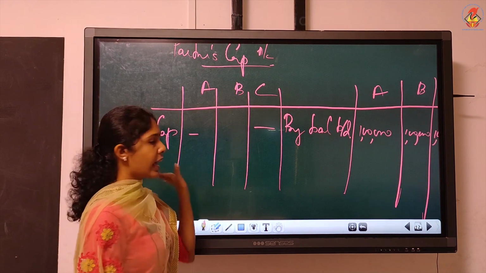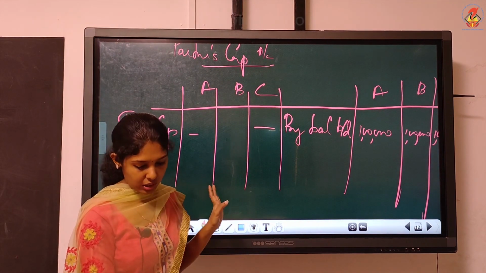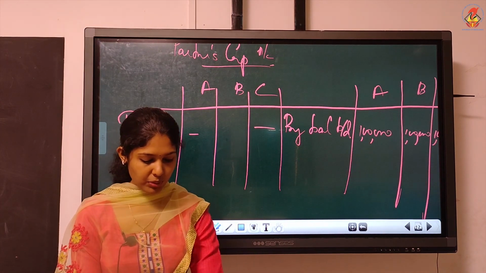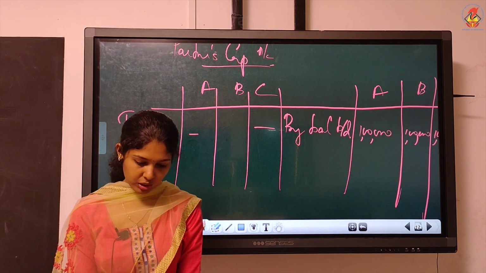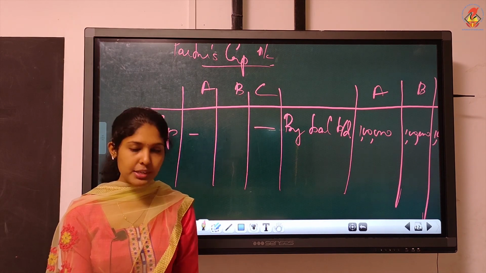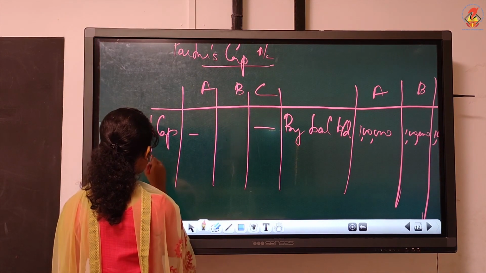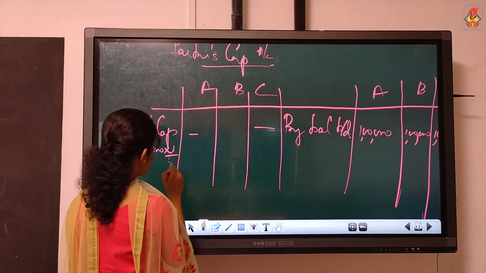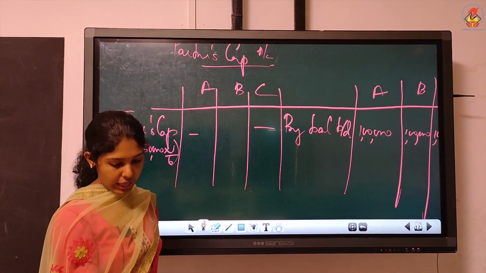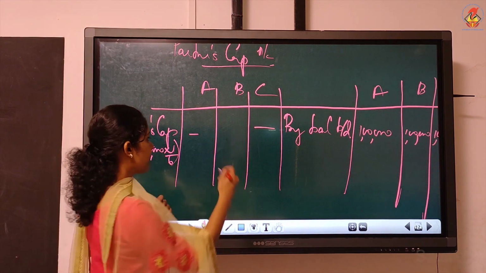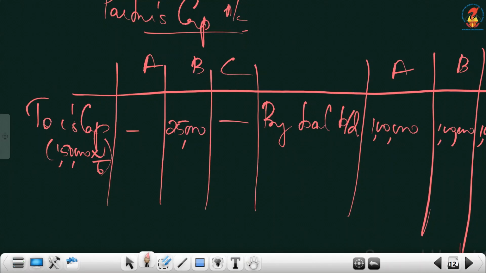That will be gained directly by the other partner. From the old ratio, C is the retiring partner, his share is 1/6, so you have to take 1,50,000 into 1/6.